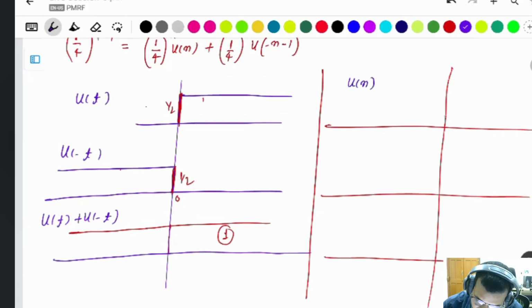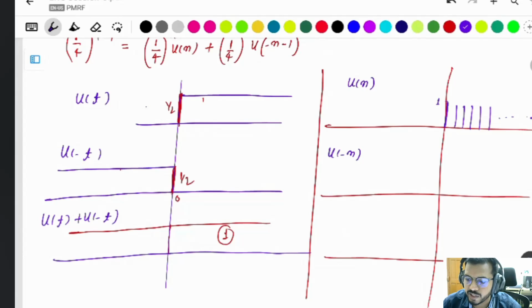u of n is written as at 0, 1, 2, 3, 4, 5 dot dot dot to infinity, like that. Value is 1 because there is a unity function. And u of minus n, the value is 1 only here, because this is the discrete signal. This signal value is fixed at 1 at every point. Value is 1, 1, 1 here also.